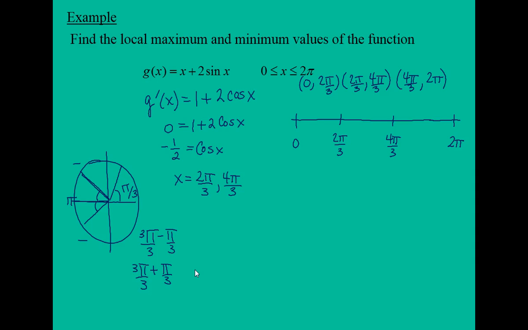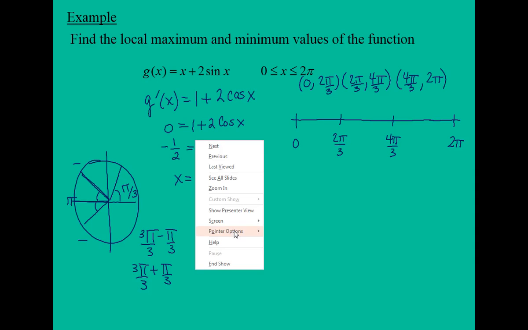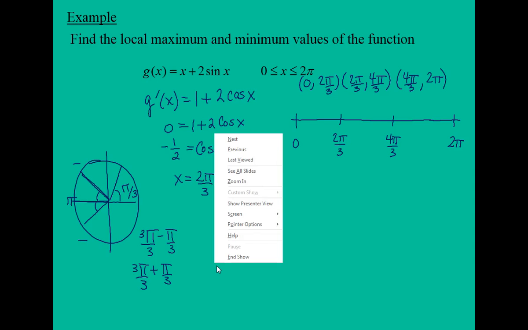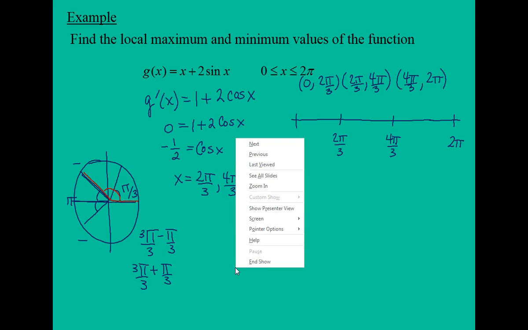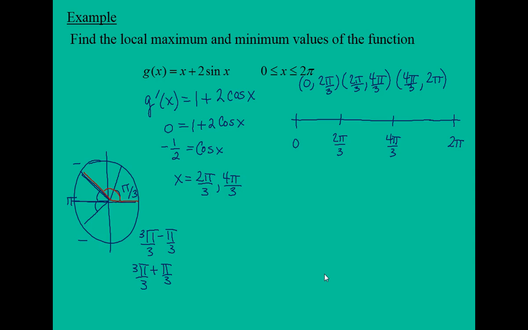And let me make a notation over here on our unit circle, this is the angle 2 pi by 3. So we could choose any value. Let me erase some of this so it doesn't look so cluttered.